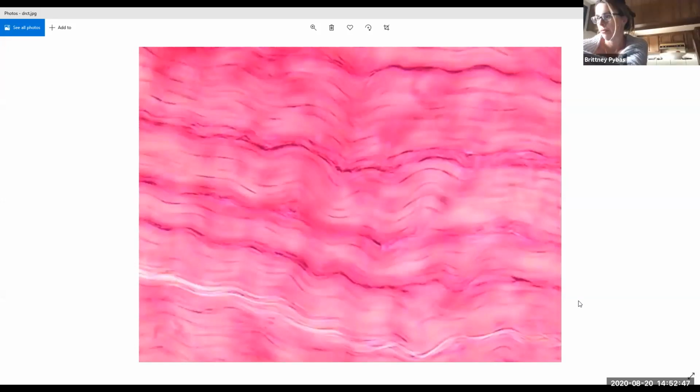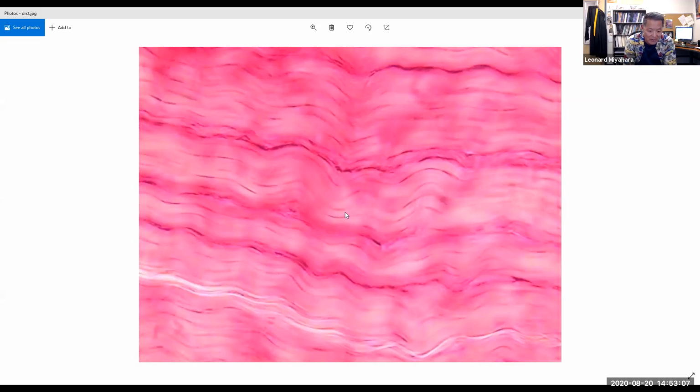No. Do you see a lot of parallel lines? Yes. Now, there's two types of parallel lines, one with very few nuclei, which would be because the cells are separated by stuff, or you'll see a lot of nuclei, stacked tubes. Do you see a lot of nuclei? No, the nuclei are separated by stuff. This is dense regular connective tissue.